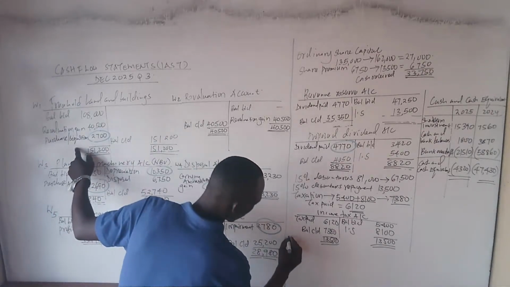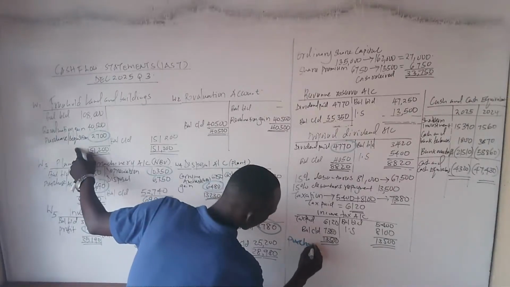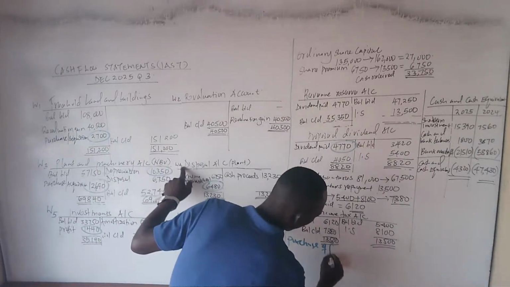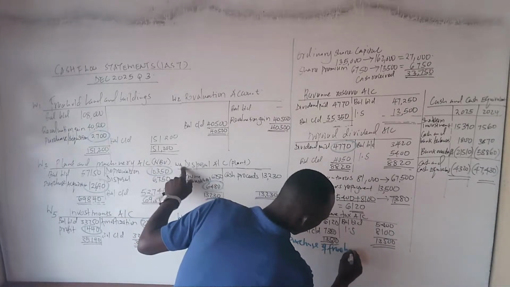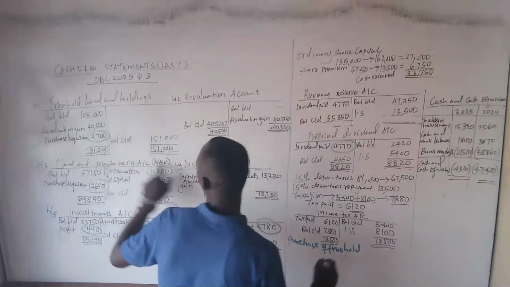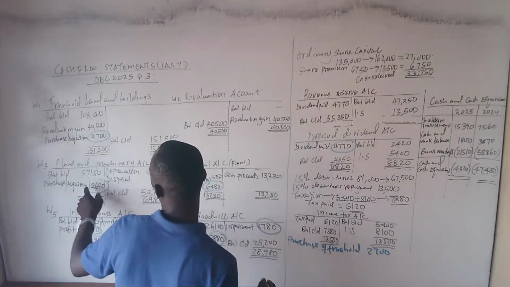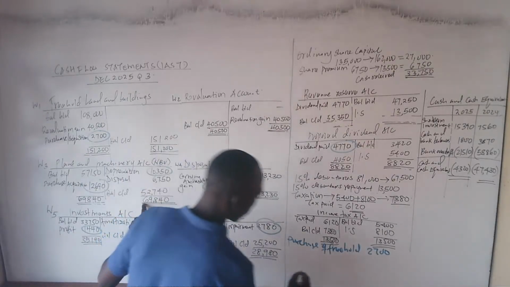So we can start with the purchase of freehold, which we have 2,700. Then from there, we go to plant and machinery.